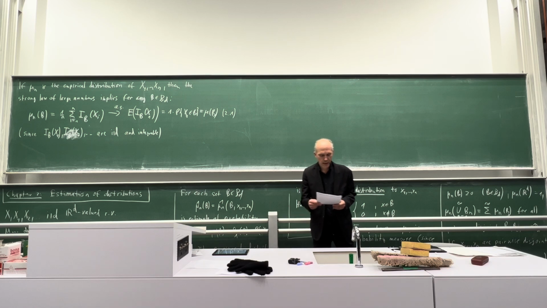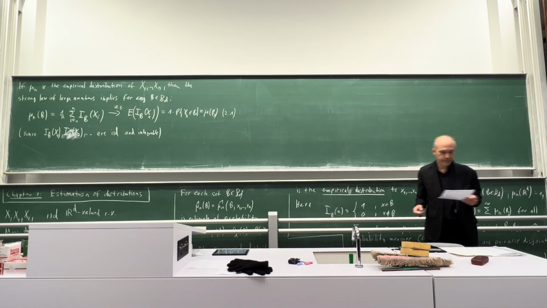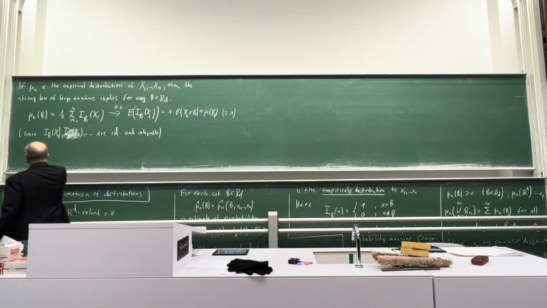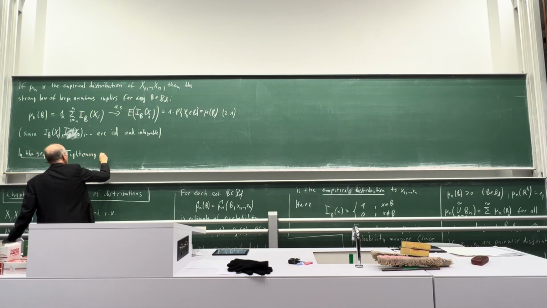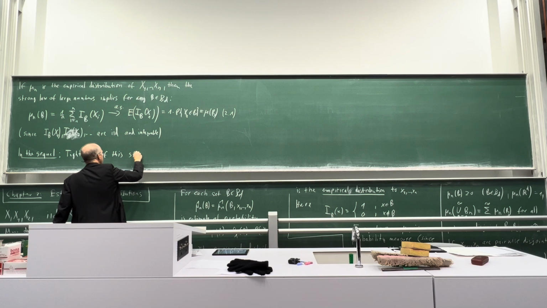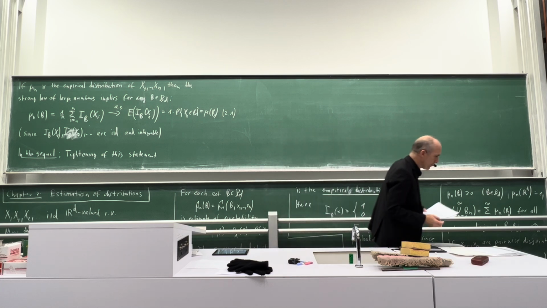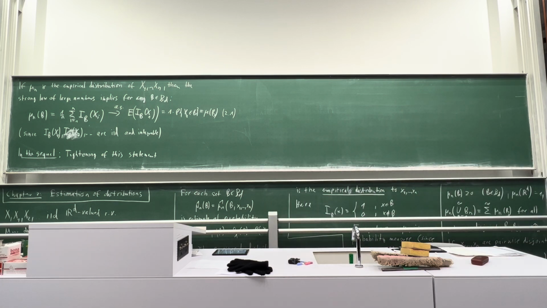And what I want to do in the sequel is to tighten this statement. One way to do this is to consider the cumulative distribution function of mu n.